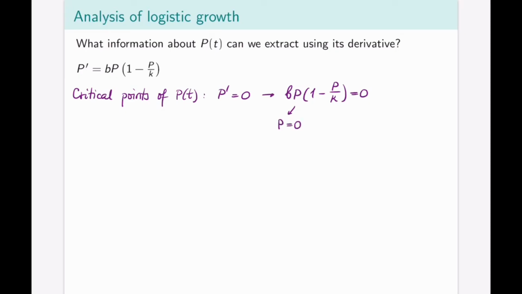B is the intrinsic growth birth rate, so we assume that to be non-zero. In fact, we assume all of our constants to be non-zero because otherwise they will produce some very boring models. And this is 0 when P is equal to K. So notice if I plug in P equal to K on the top here, K over K is 1, 1 minus 1 is 0. So those are my two critical points from this case.